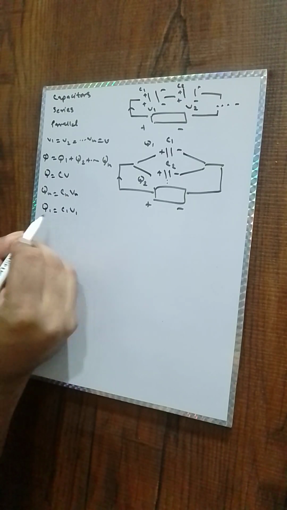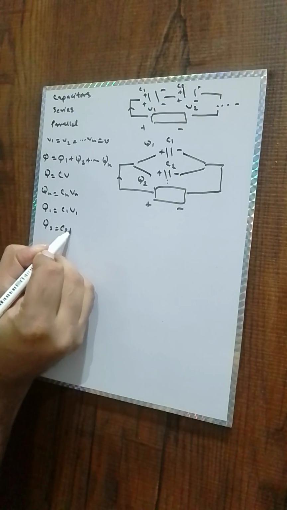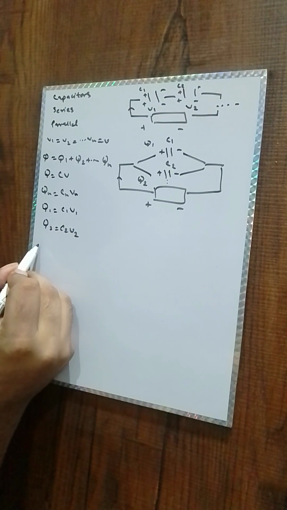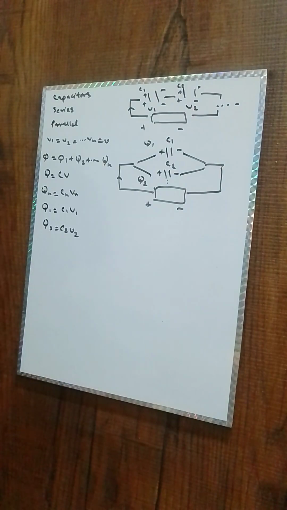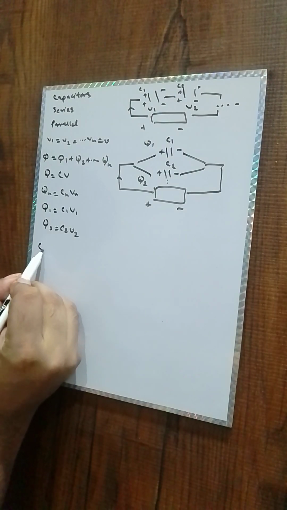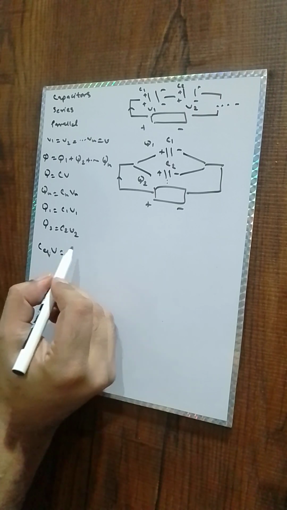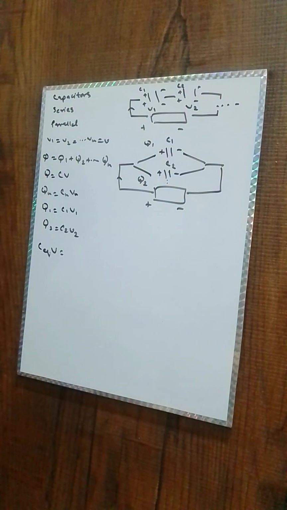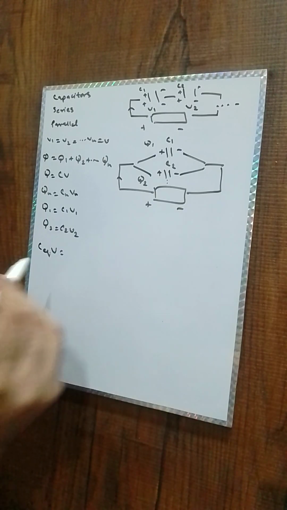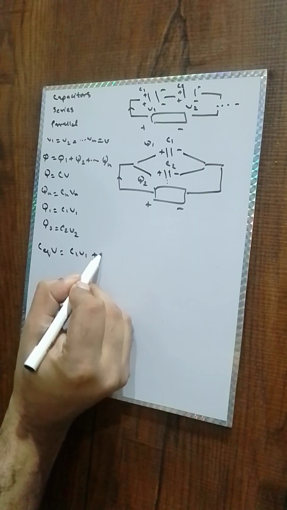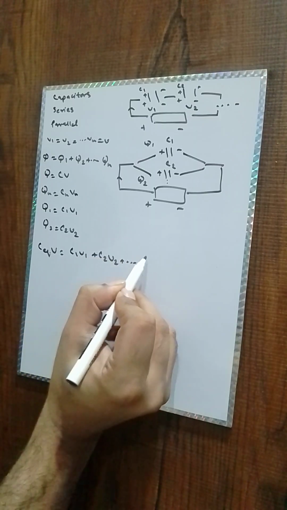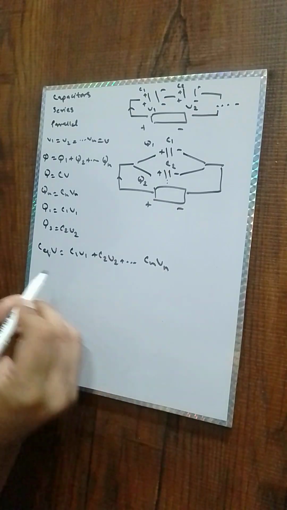Q1 is equal to C1V1, Q2 is equal to C2V2, and so on. So the setting is C equivalent V, which is the equivalent capacitance for the whole circuit, times the voltage. This becomes C1V1 plus C2V2 plus up to CnVn.